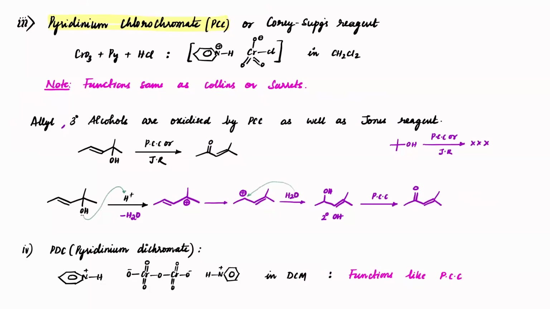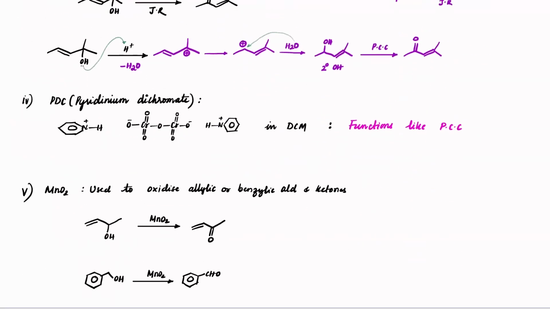So I hope the role of PCC is clear, everyone. PCC is also used very similar to Sarett's and Collins. One very important case is 3 degree allylic. The next reagent we are using is PDC, pyridinium dichromate.